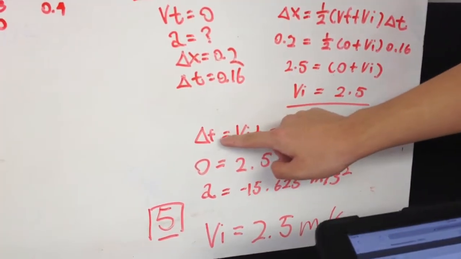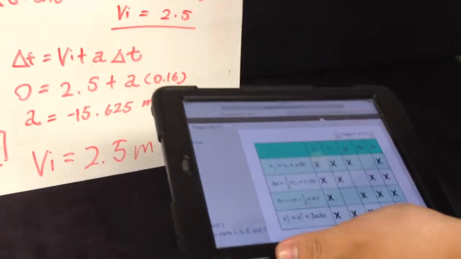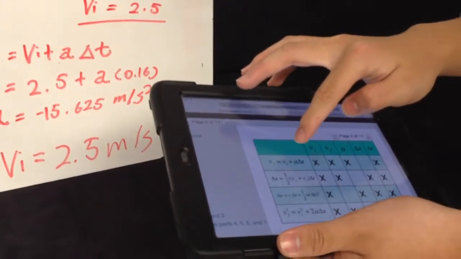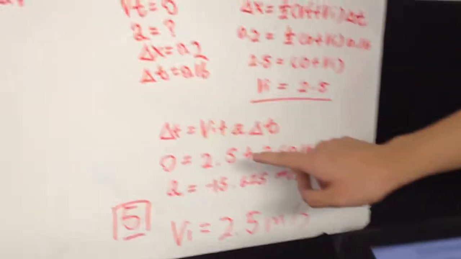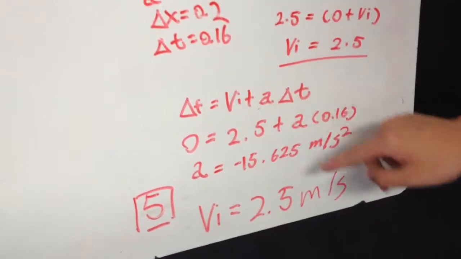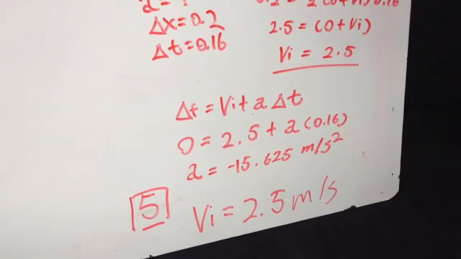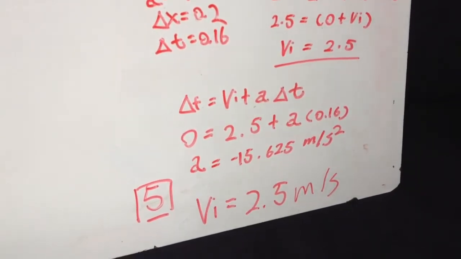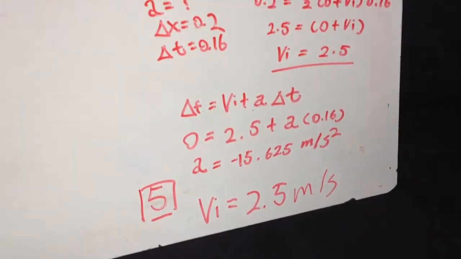So since we use this one, the first one, the final velocity equals vi plus a times change in t, and then we substitute it in. And the final answer we get is acceleration equals negative 15.625 meters per second squared.